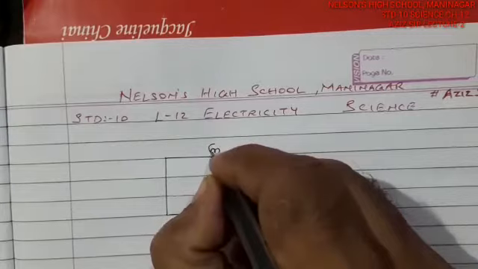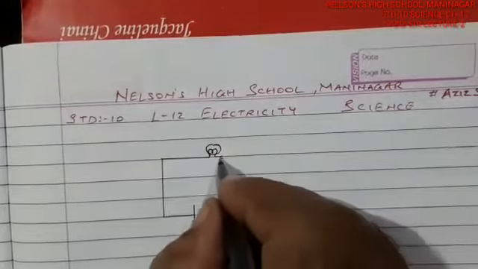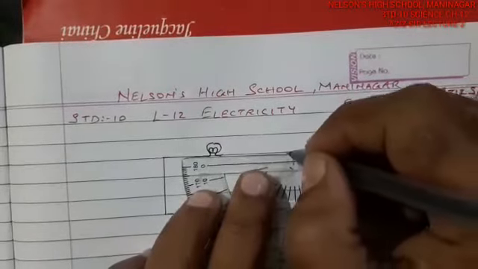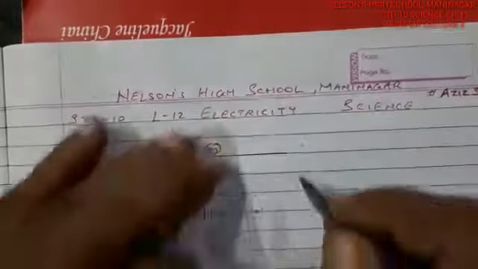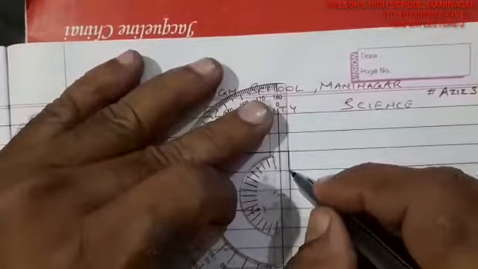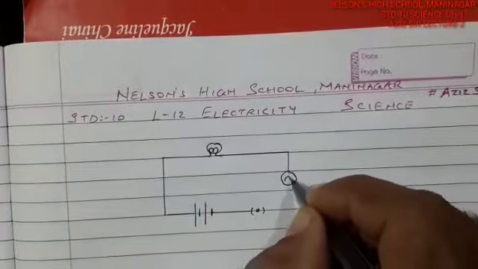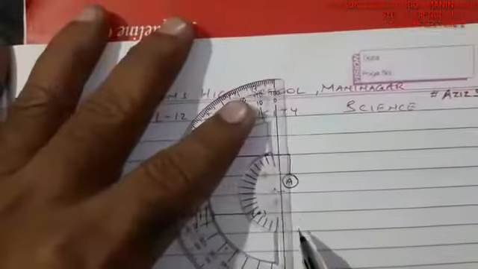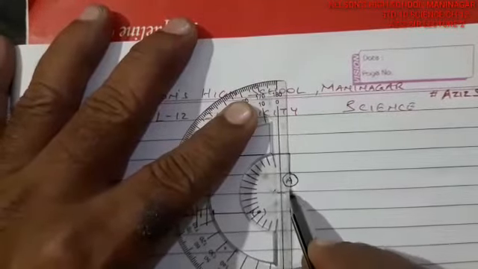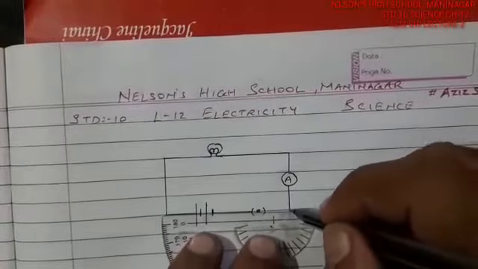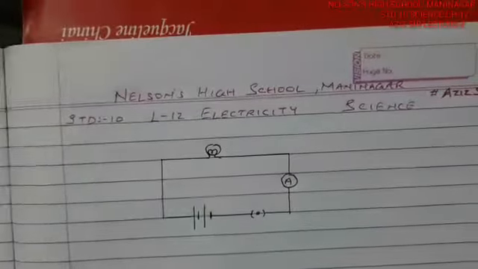So this is a bulb here, can be made as a round, and passes, connected with a meter that is measuring the electric current that we have learned last time, an ampere meter which shows how much amount of current is flowing.